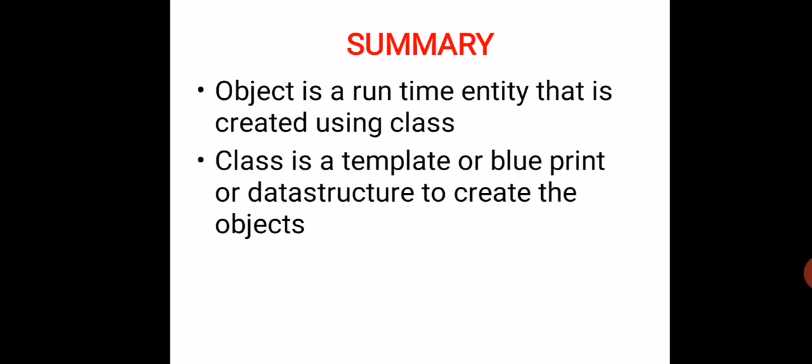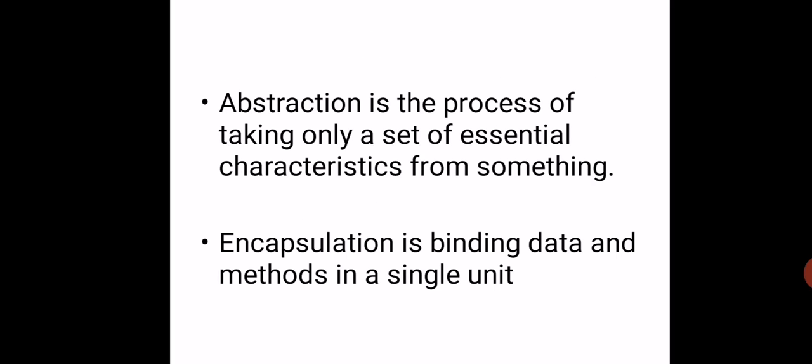Abstraction is a process of taking only a set of essential characteristics from something. And encapsulation means the binding of data and methods in a single unit. Classes use the concept of encapsulation. It ties both the data and methods in a single unit.